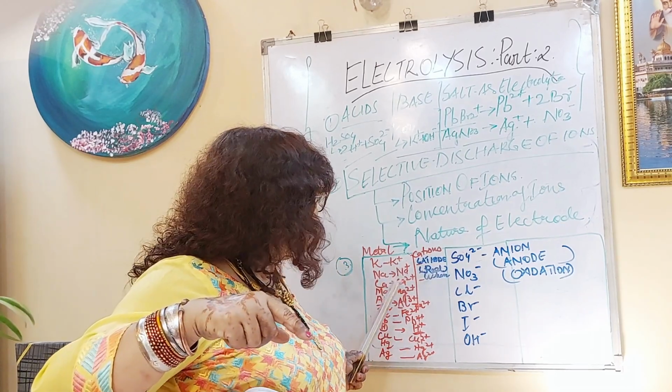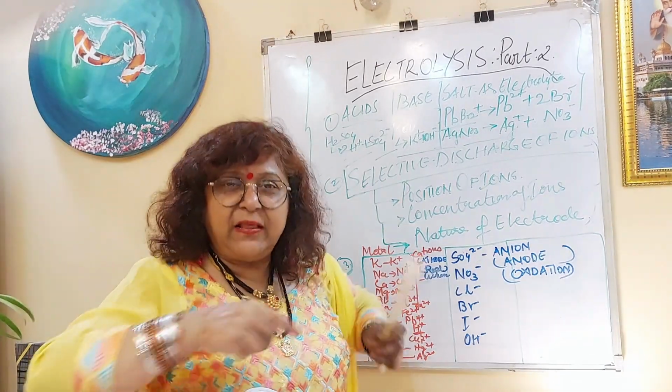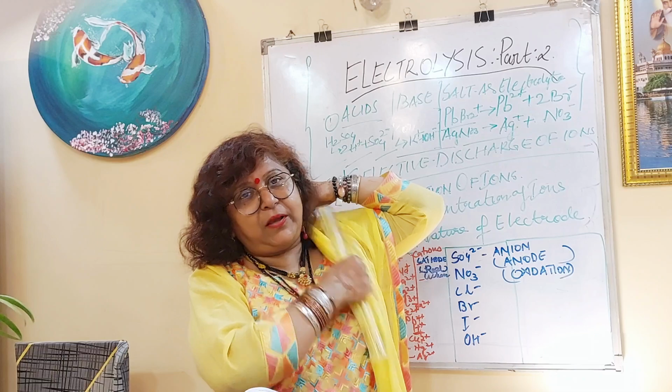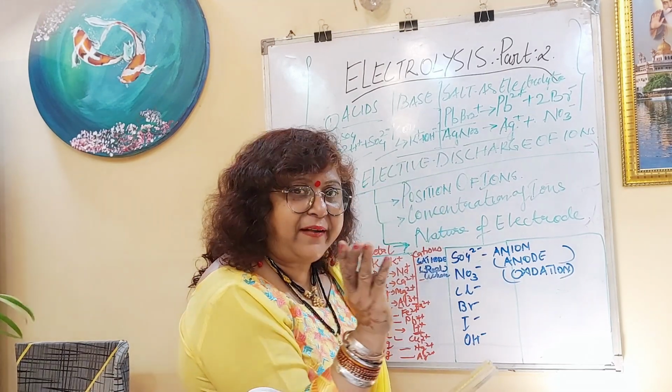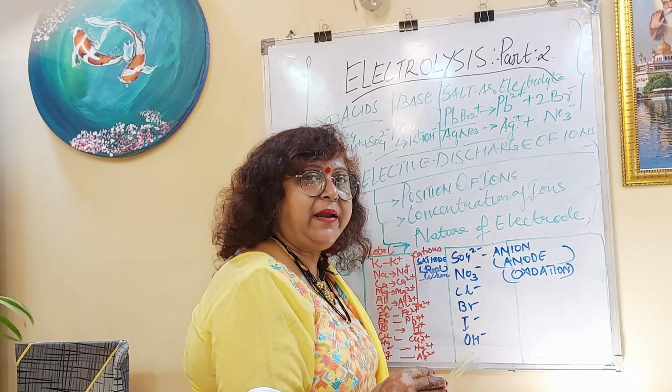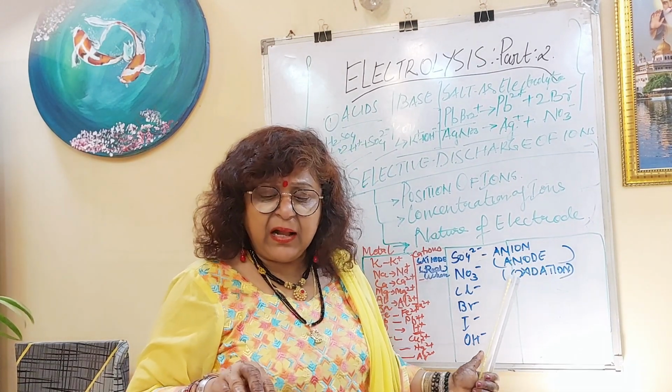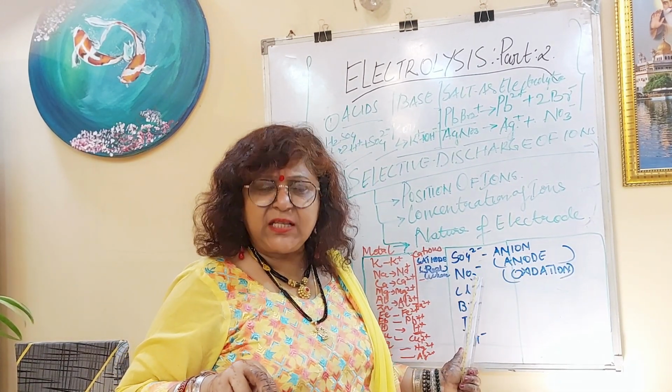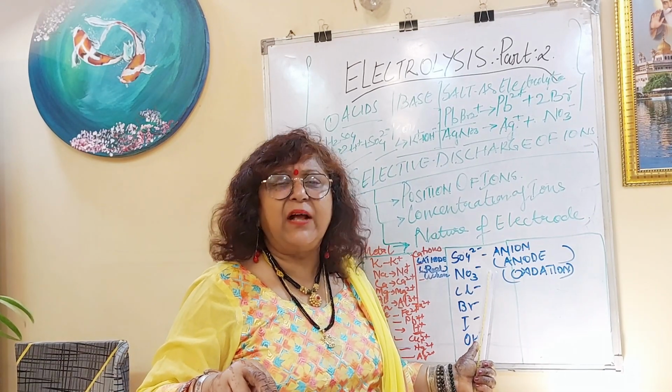This was for cations. And what about anions? The comparison for anions, if they ask you to give, what will you write? Sulfate, nitrate, chloride, bromide, iodide, hydroxide. These negative ions are called anions.